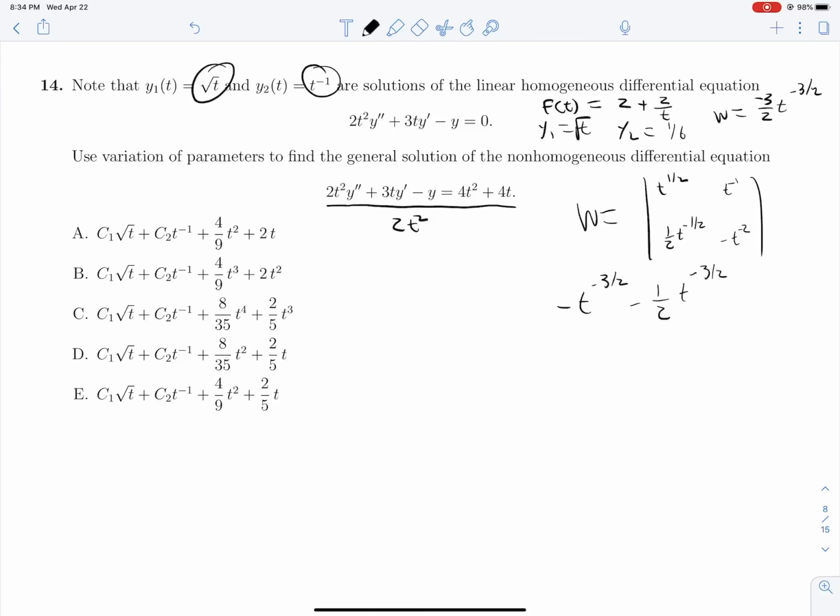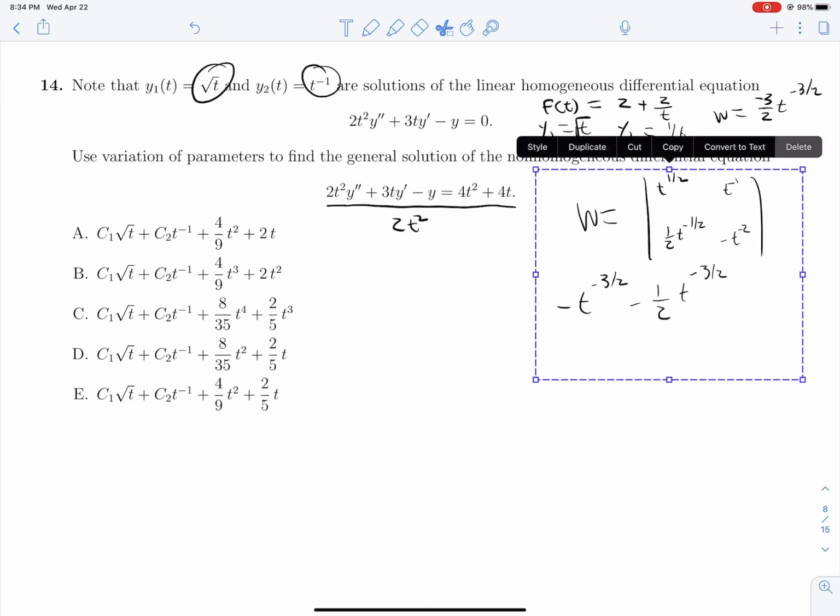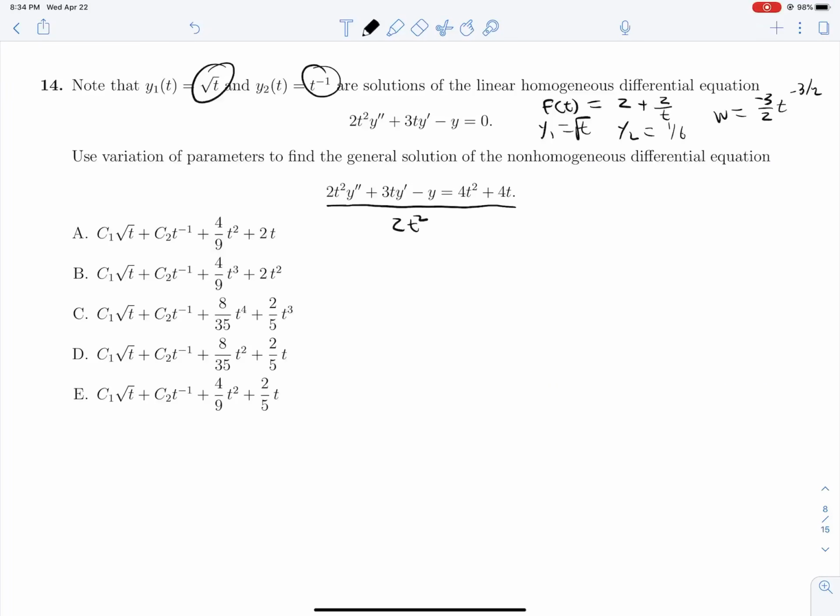Awesome. Okay, setting up our solution, we will have that y of t is equal to negative y1, so negative t to the 1/2 times the integral of y2, which is 1 over t multiplied by f of t, which was 2 plus 2 over t.